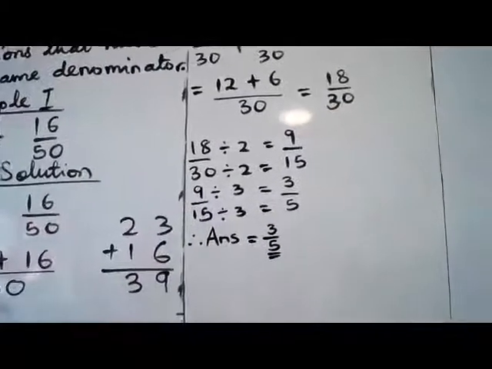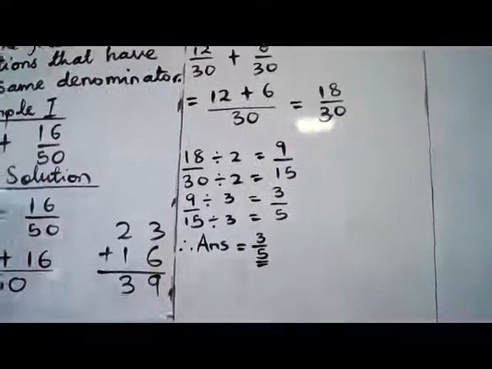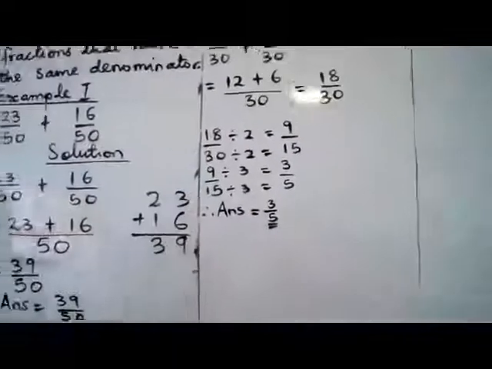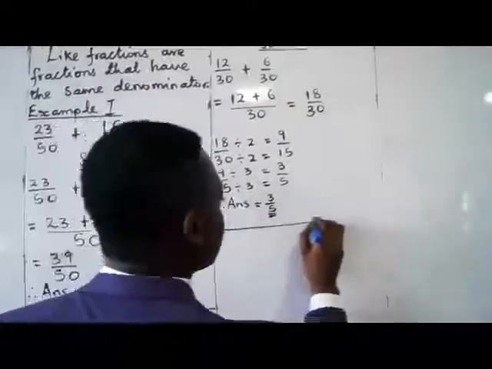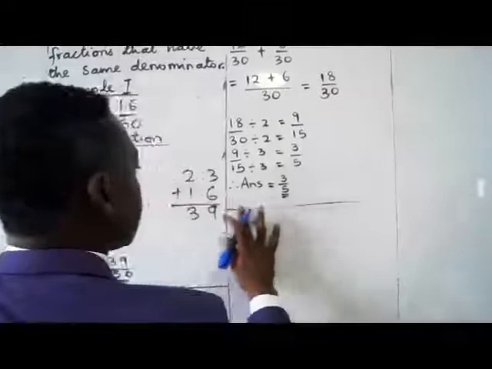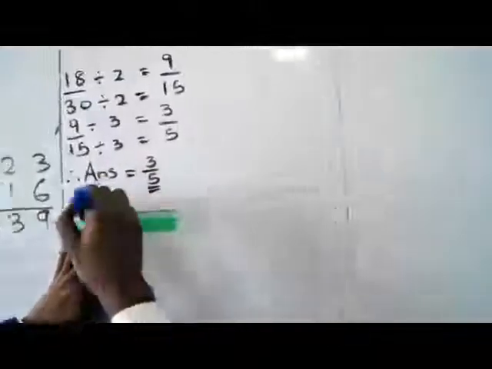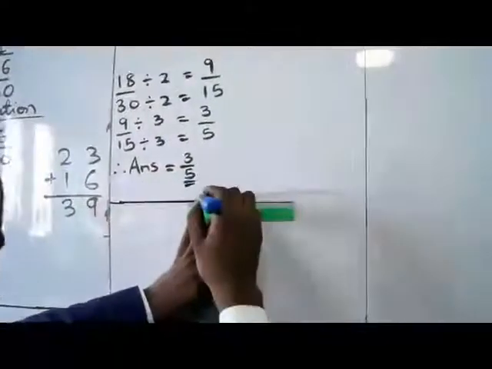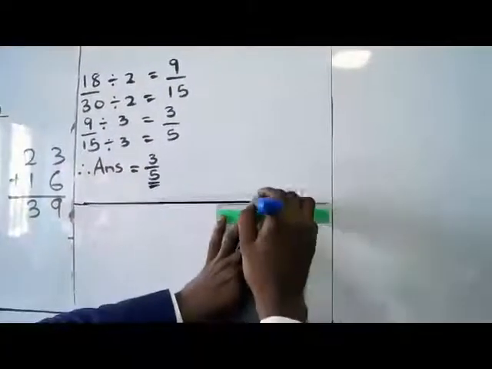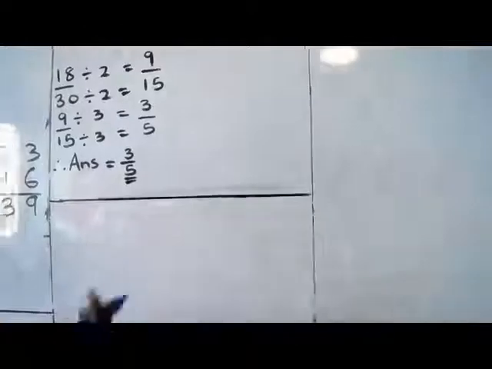So I'll give you one more example this time around involving subtraction. And I believe you should be able to solve that if called upon to take it any day, anytime. So quickly, let's look at the last example.